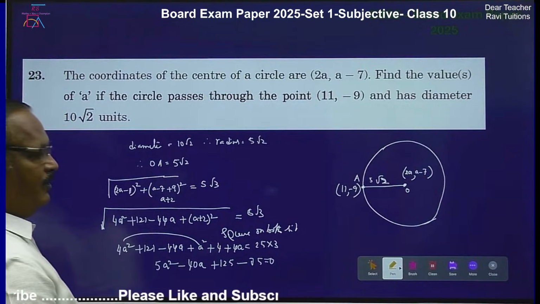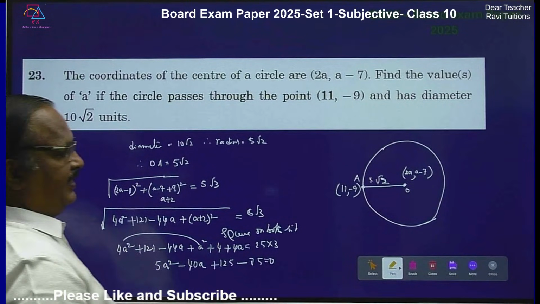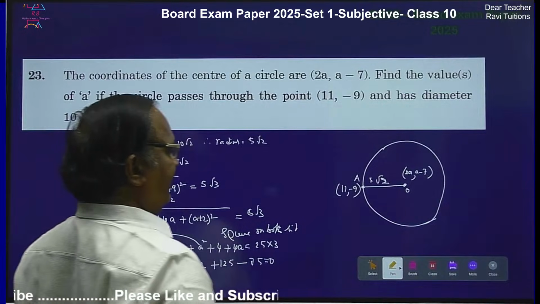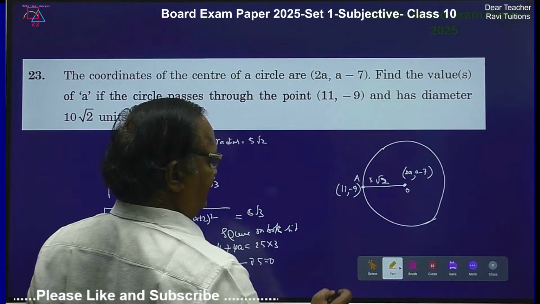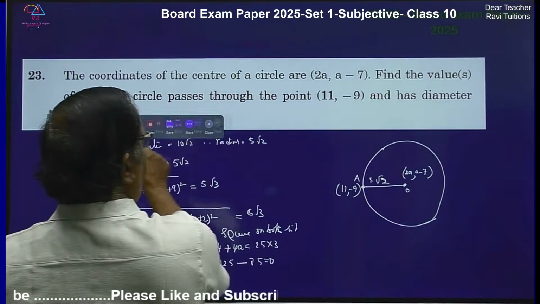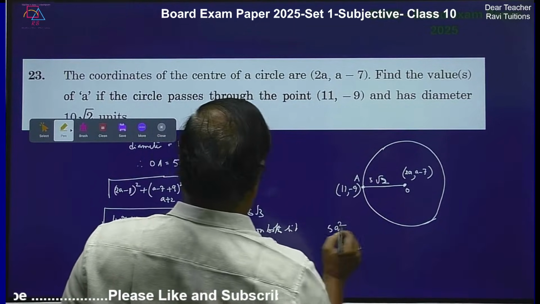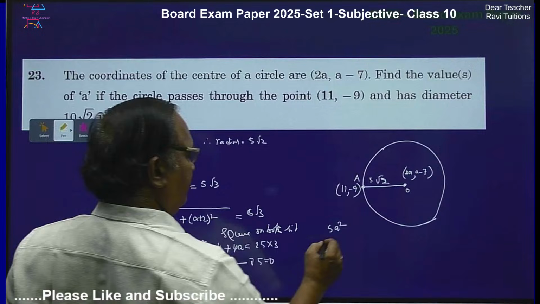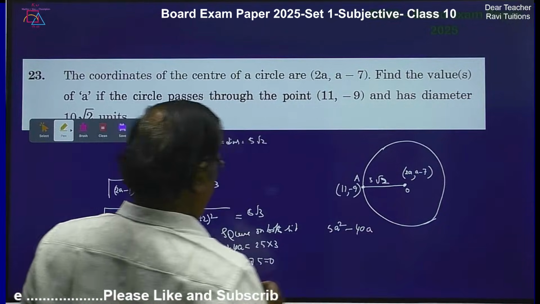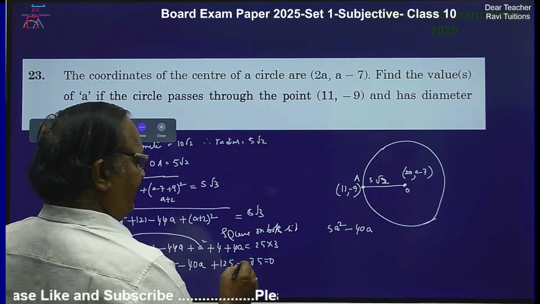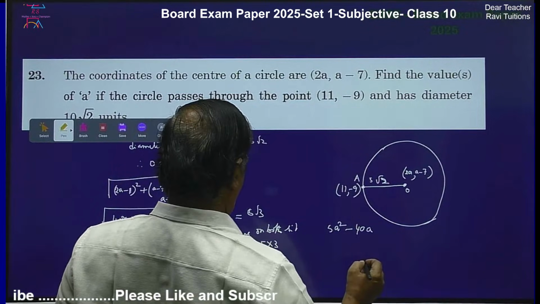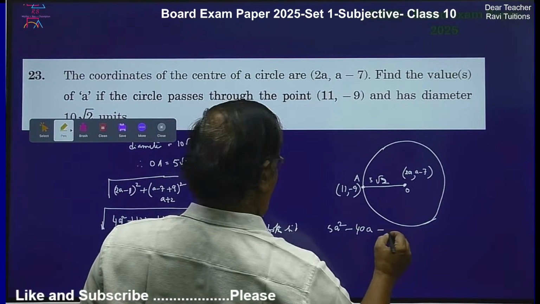So now we will be getting a quadratic equation. So 5a square minus 40a plus, 125 minus 50, how much? 75.